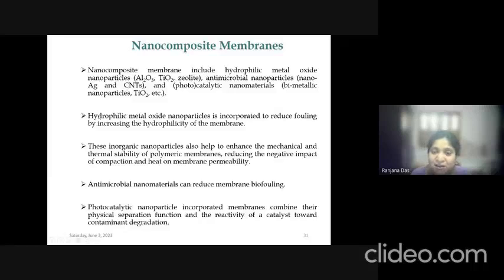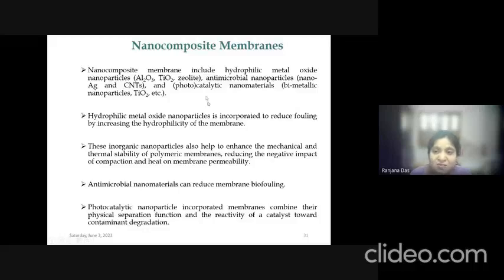If zeolite is there, what will happen? It will help us with a little more absorption. So not only separation, it will also help us in absorption. If silver and CNT are there, CNT will help us in absorption, and silver will provide antimicrobial activity.